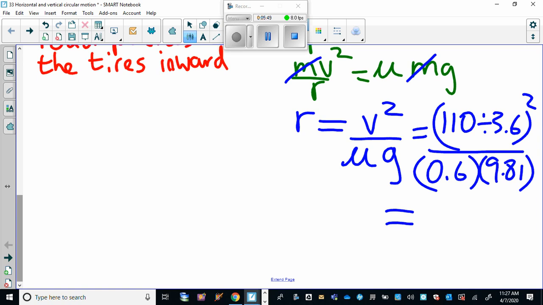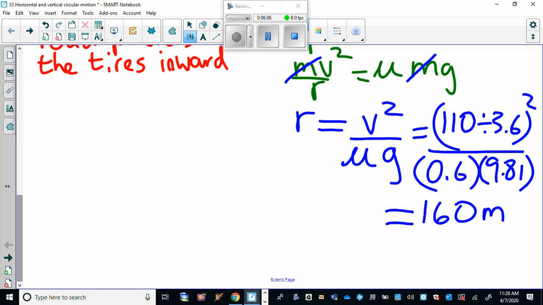And if you stick that into your calculator, you get an answer of 160 meters. So that has to be the radius of the curve on this highway.